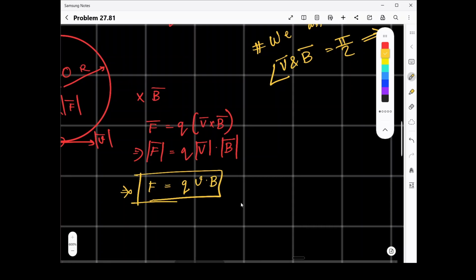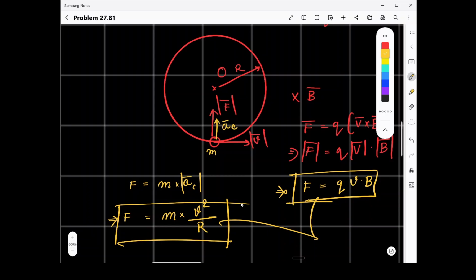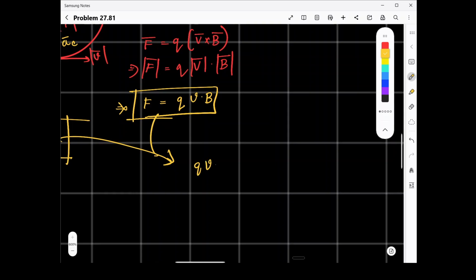And as it is doing a circular motion with radius r, it would have a centripetal acceleration a_c. So F is equal to the mass of the charged particle m times a_c, which is m times v squared upon r. By these two equations, we can conclude that qvB equals m v squared upon r.